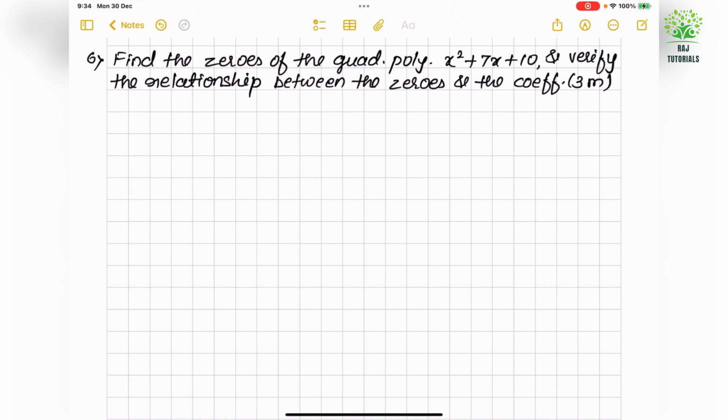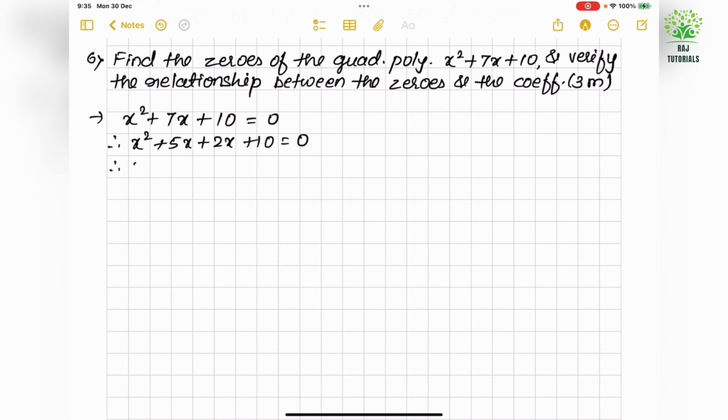Now the next question says, find the zeros of the quadratic polynomial x square plus 7x plus 10 and verify the relation between the zeros and the coefficients. So here we know that x square plus 7x plus 10 is equal to 0. If I do the middle term splitting of 10, I will get x square plus 5x plus 2x plus 10 equal to 0.